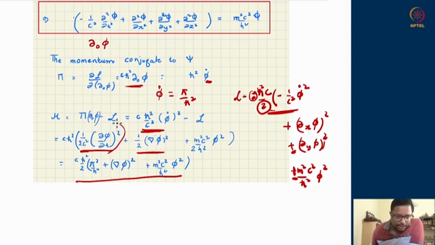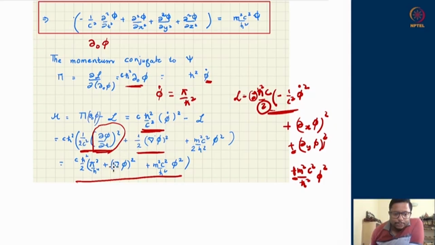So this quantity which is appearing is nothing but pi upon h square to the power 2.